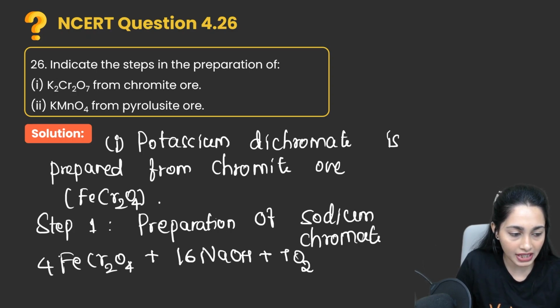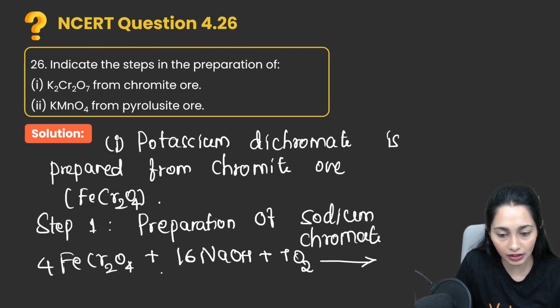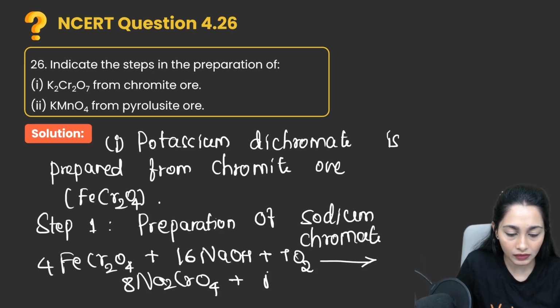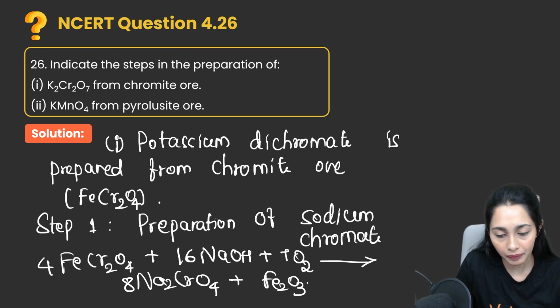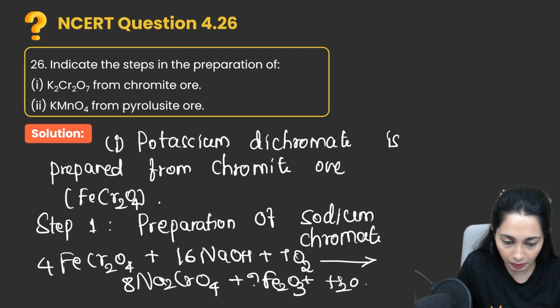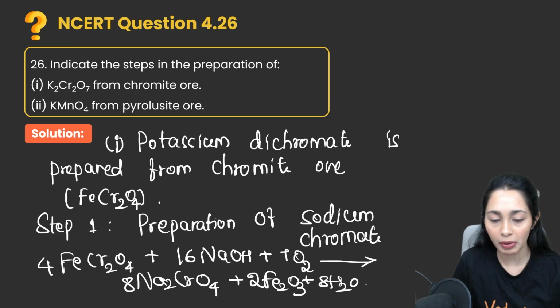We always have to write the balanced chemical equation. This is going to result in the formation of sodium chromate, that is Na2CrO4, and Fe2O3 and H2O. Is it balanced? It's not balanced. Always make sure to write the balanced equation.